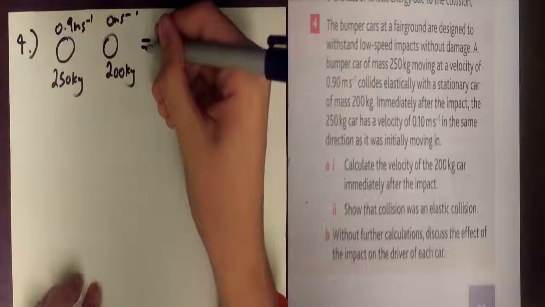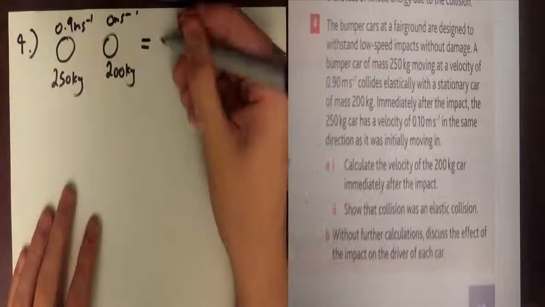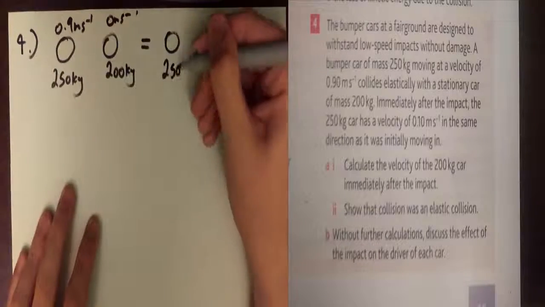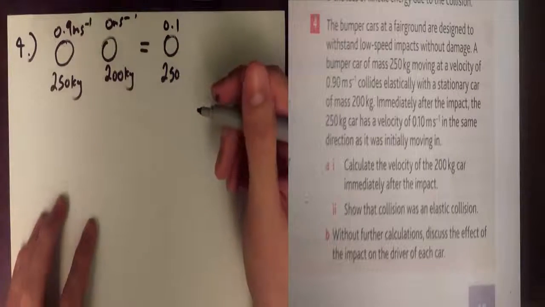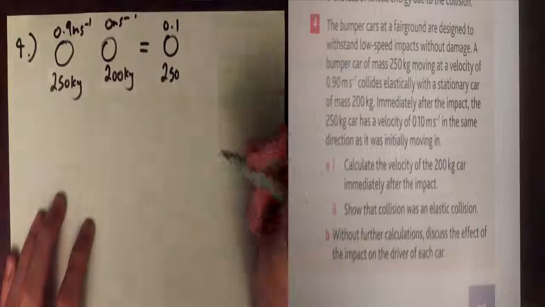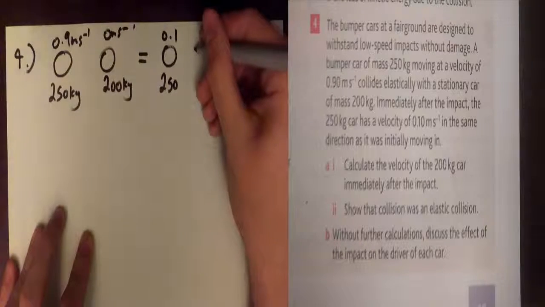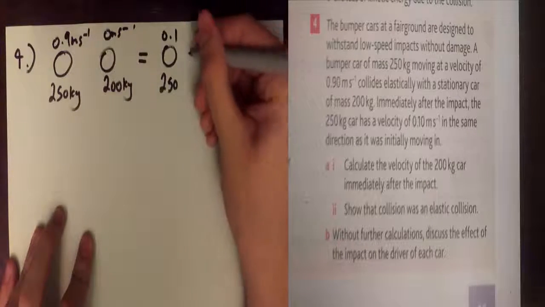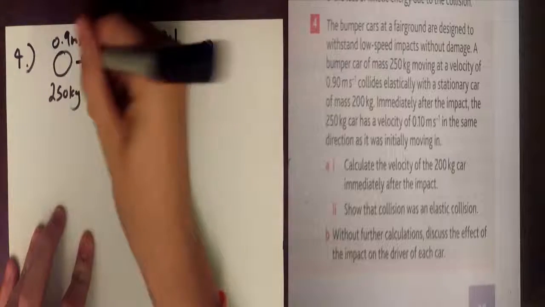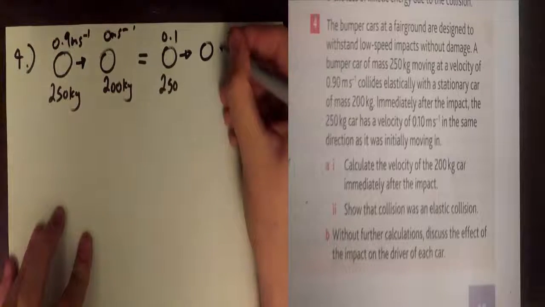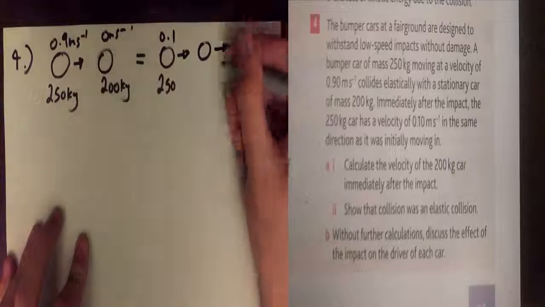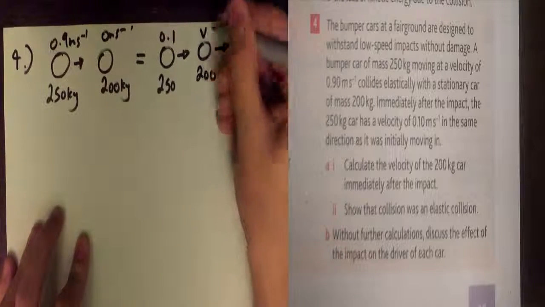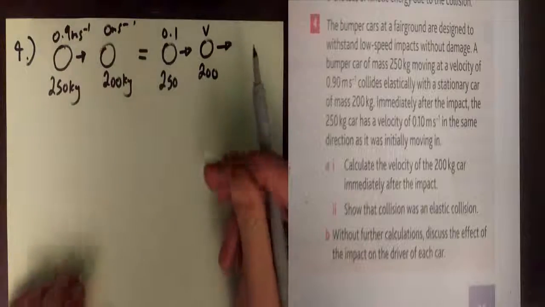Immediately after the collision, the 250 kilogram car is moving at 0.1 in the same direction. And this one will be moving, I would imagine, in the same direction. So we have 200, we have V, we need to find V again.